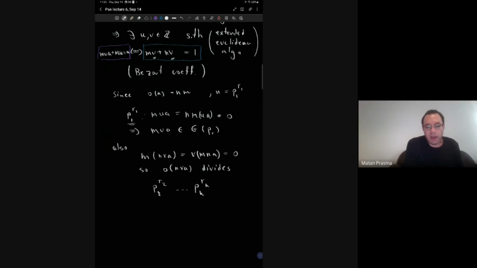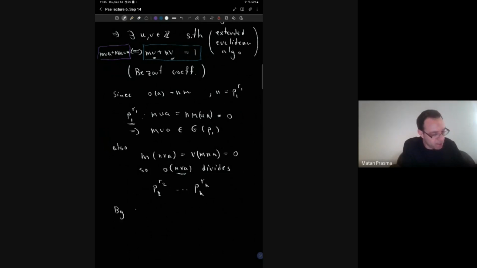Now I can use the inductive hypothesis, because the order of NVA has at most k-1 distinct primes in its prime decomposition.